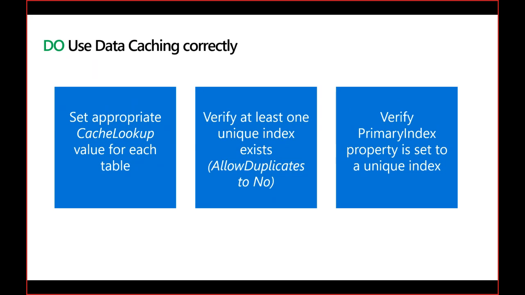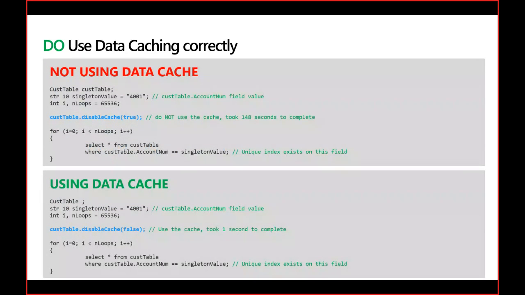The next thing, after you set up the cache lookup property, you have to verify that at least one unique index exists, so one index with allow duplicates set to no. And then the primary index property has to be set to one of these unique indexes, or if there are multiple, at least to one of them. These are settings that have to be done correctly at the development level in order for the caching to be used correctly.